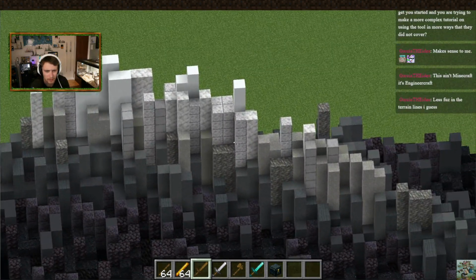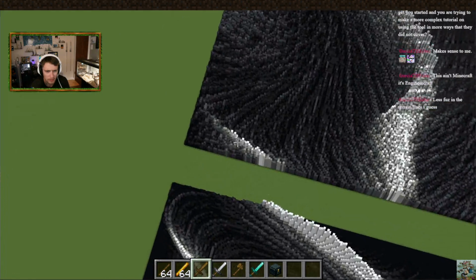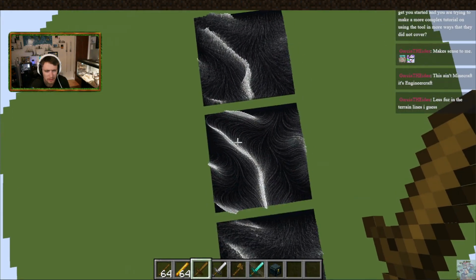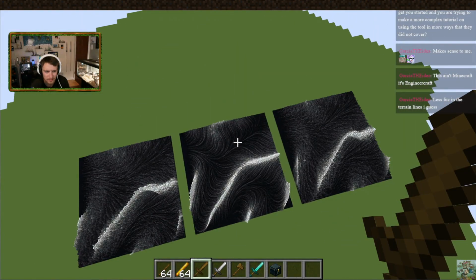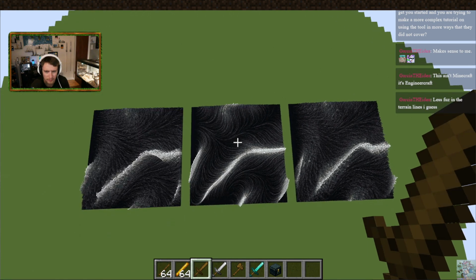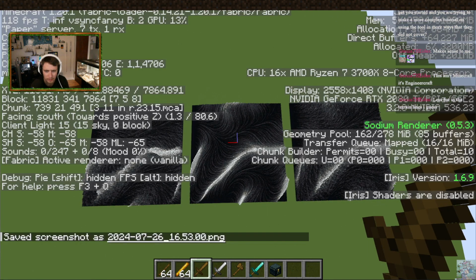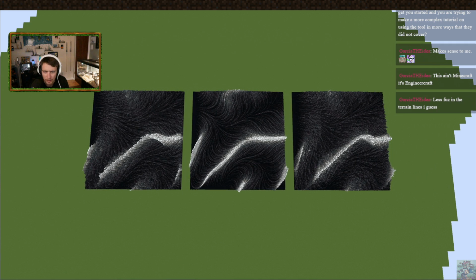Just looking at that ridge and then that ridge, it's really hard to tell. If you look back and forth, it just looks a little more rough, I guess.